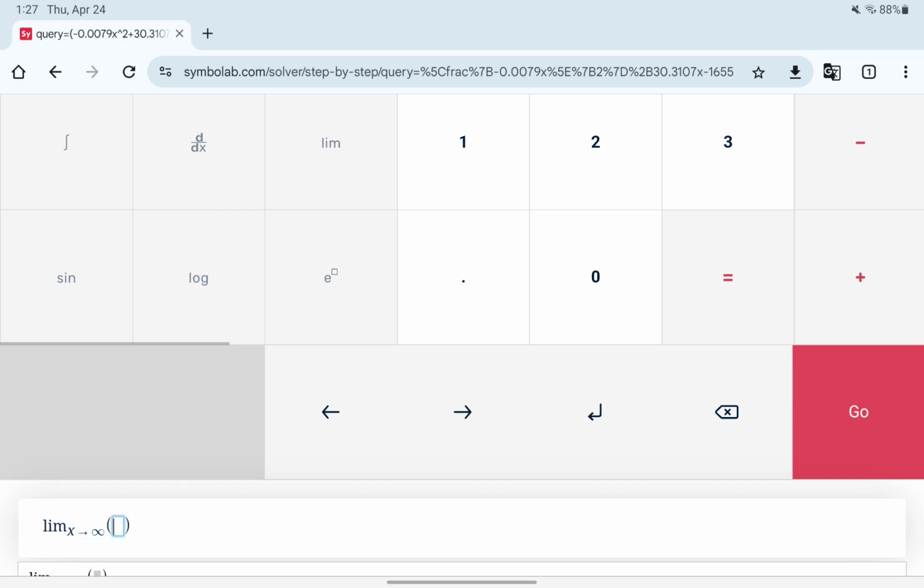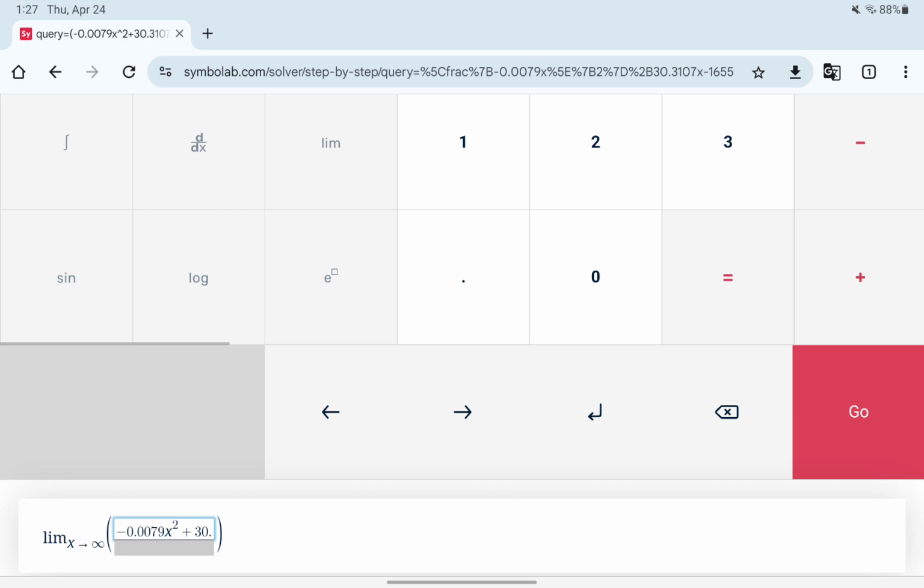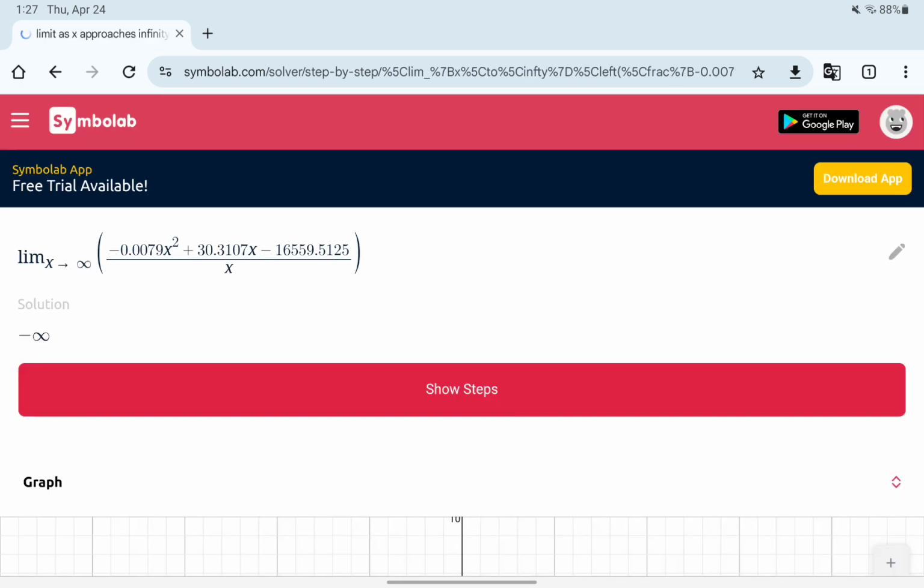If it wasn't, we could change that value. And we'll type in our function again. Once we have that limit expression set up, we can evaluate, and we get a result of negative infinity.